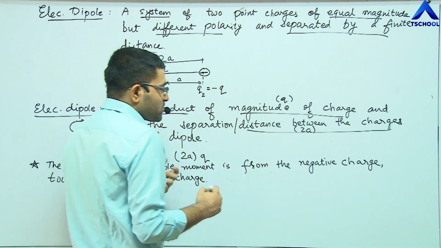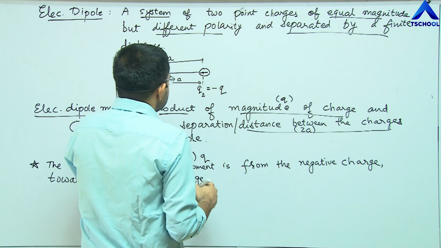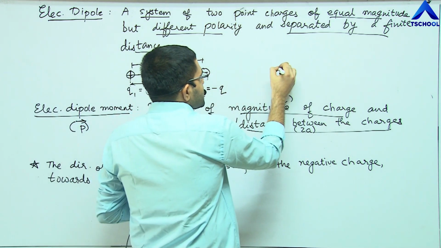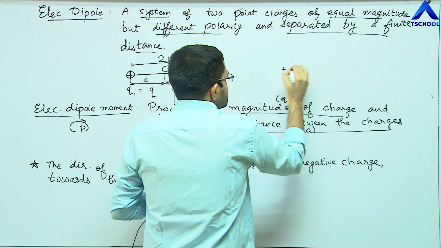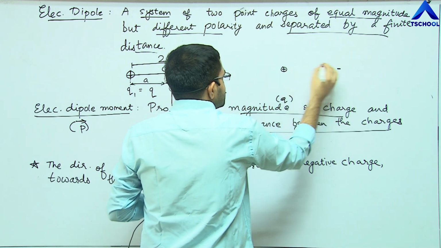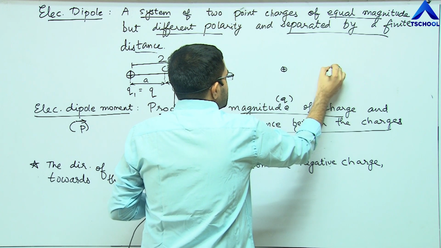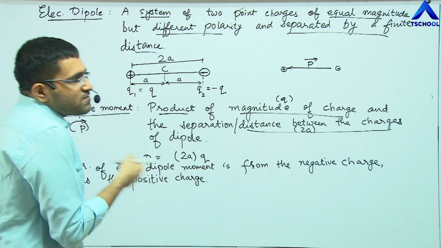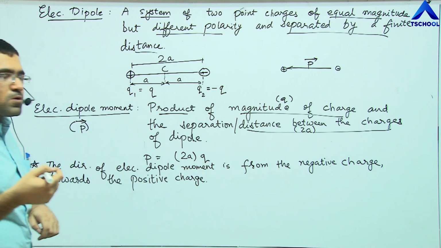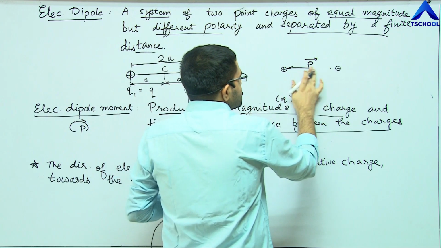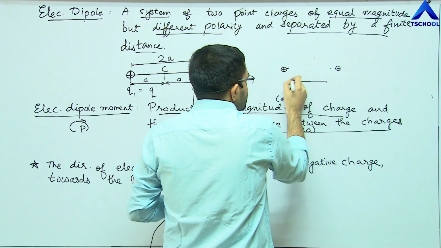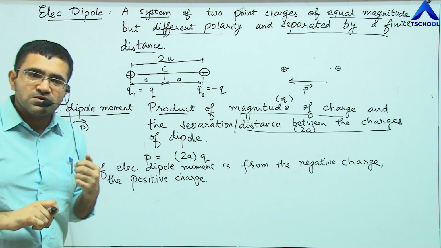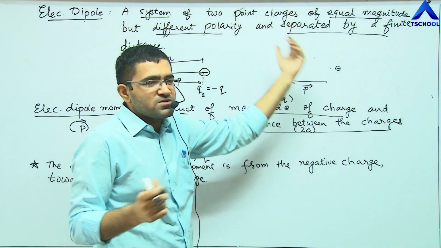So if I want to indicate the dipole moment in a diagram like this, let me just draw a separate one here. Say this is positive and this is negative charge. Then the electric dipole moment is a vector in this direction from the negative towards the positive. Again, this is only an indication of the direction. You could write here or here, doesn't matter really.